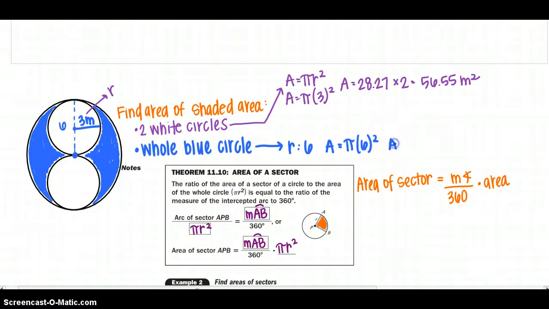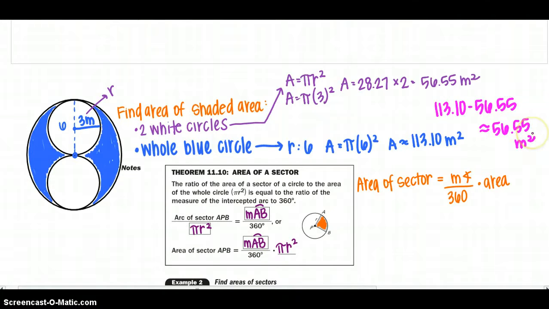My area would be approximately 113.10. And then I'm going to just subtract the 2. So 113.10 minus 56.55 gives me approximately 56.55 meters squared for the shaded region.